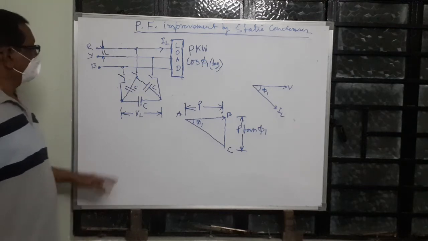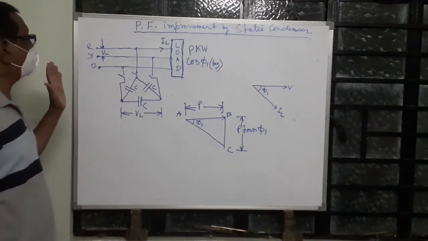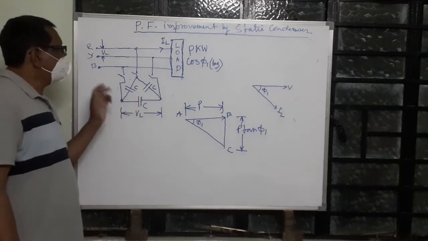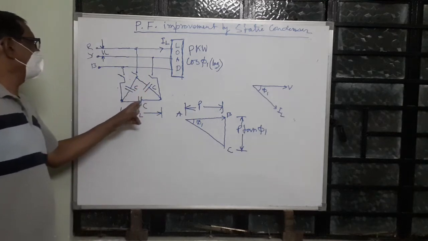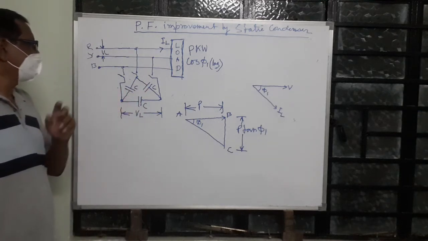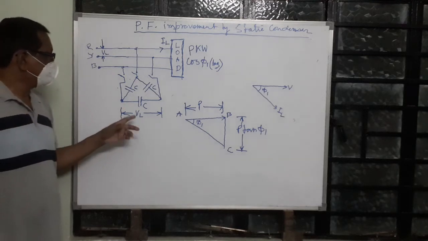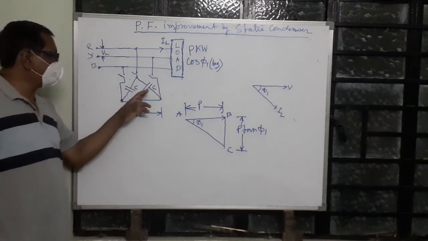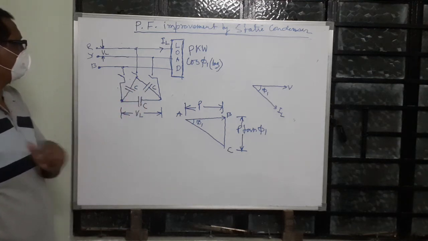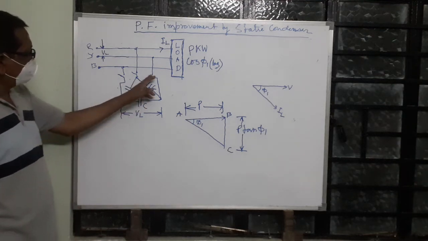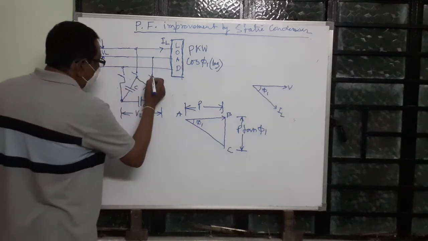There is the power triangle of the load and the vector diagram of the load. Now we connect the capacitor, that is, the condenser. This static condenser may be of two types: connected in star or in delta. Here I am connecting a delta system capacitor, with capacitors 1, 2, 3 connected in delta through a switching arrangement. Now I close the switch.